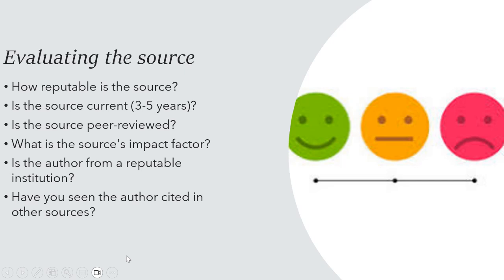Is the source current, 3 to 5 years? We had a discussion about that last week as well. We would like our discourses to be current, but there are times when we have seminal sources that are much, much older.